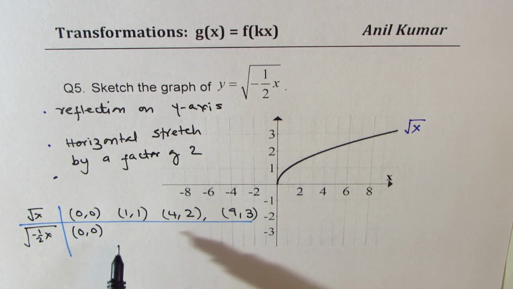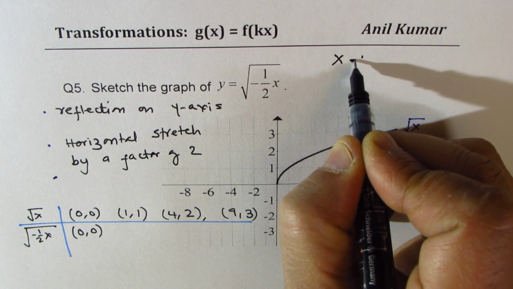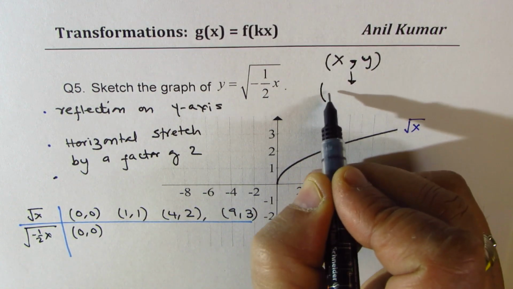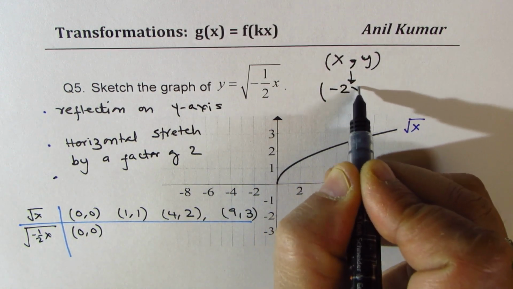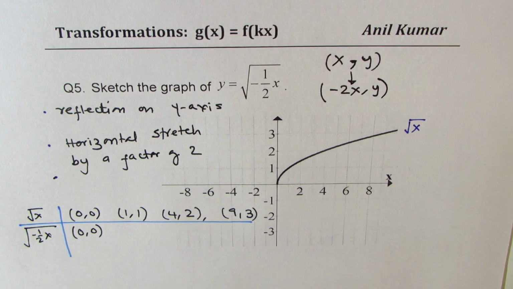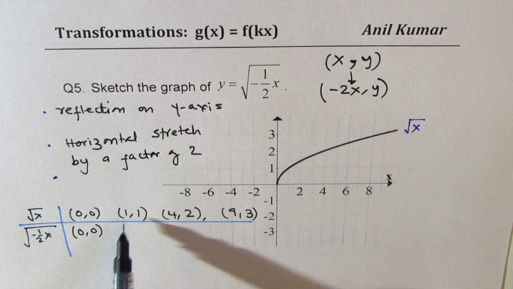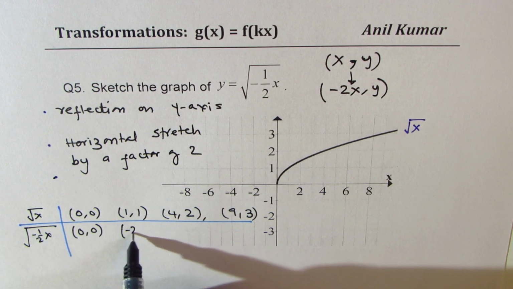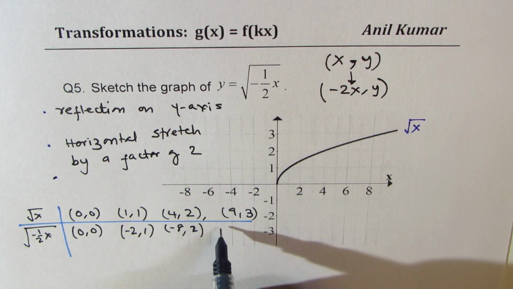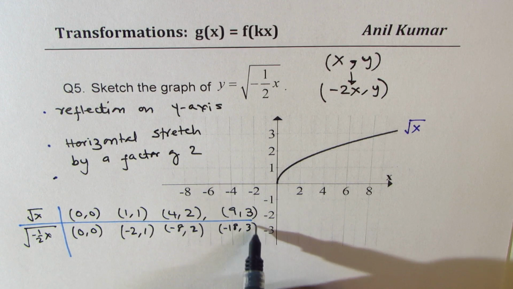It won't change. The xy values will get transformed to, in this case, minus twice x, y. That is the image point, right? So multiply these by minus 2. So we get minus 2, 1, minus 8, 2, minus 18, 3.